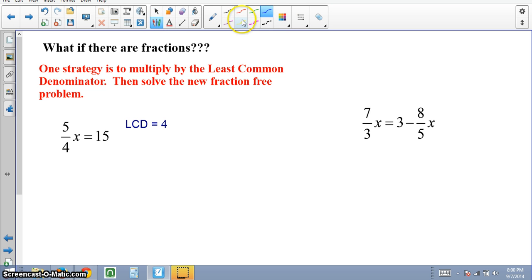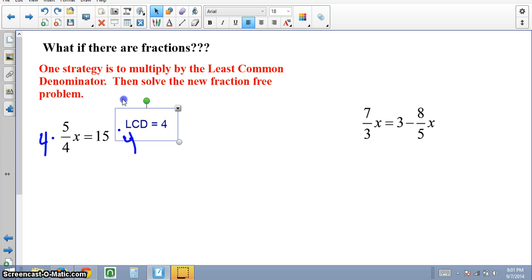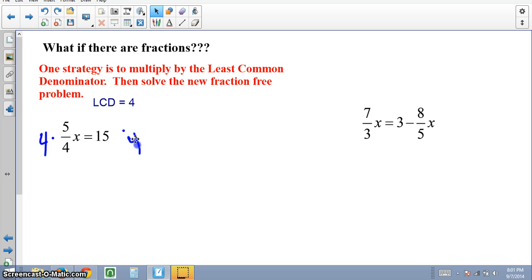So you multiply both sides by 4. So times 4. Okay? So you get just 5x on the right, because the whole point is these cross cancel.